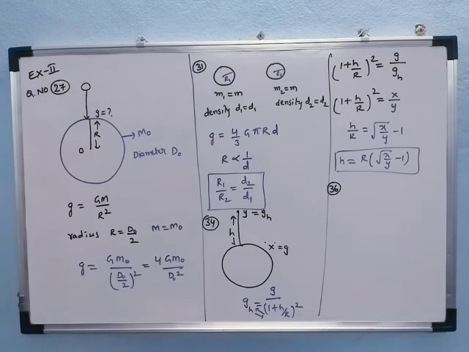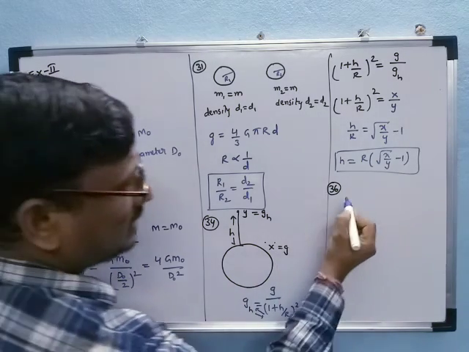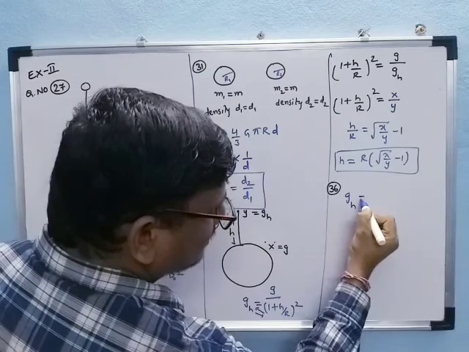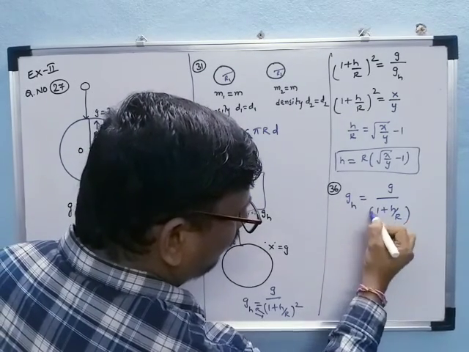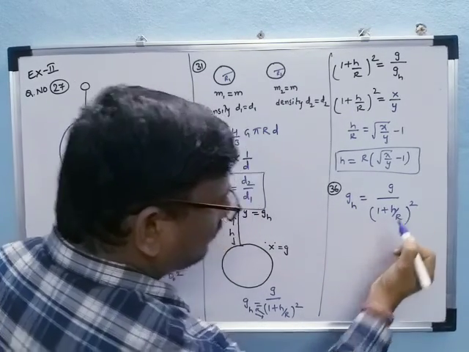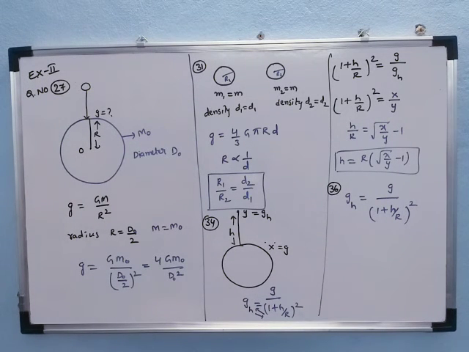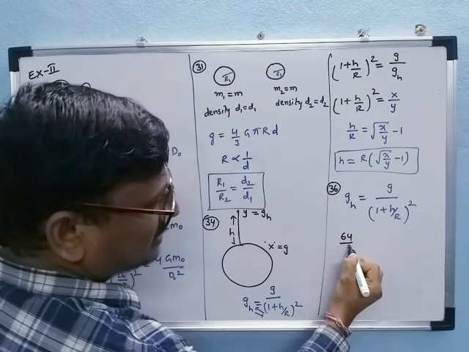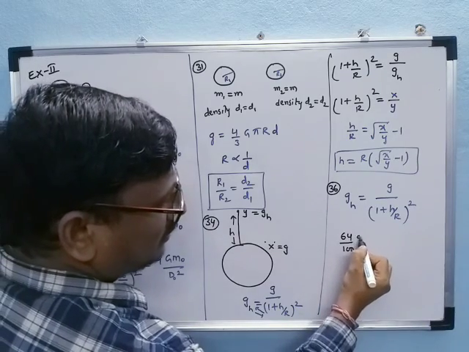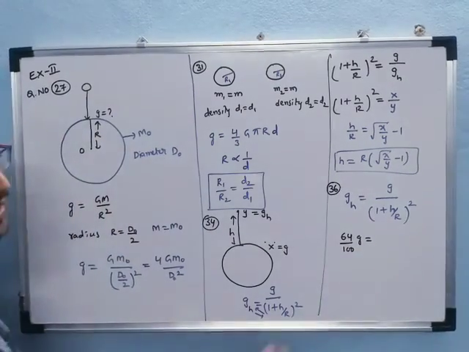Again we use the same formula: gh is equal to g by (1 + h/R)². But here, at height, the value is 64 percent of g. So we can write 64/100 times g is equal to g by (1 + h/R)².